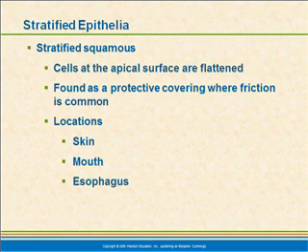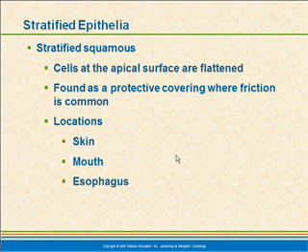Okay? Now, the stratified epithelium, what we have are more cells, more layers of cells, and it can, again, be just more than one. We look at the top layer of cells to see what they look like. So cells at the top in stratified squamous are flattened. The cells at the bottom may not be.